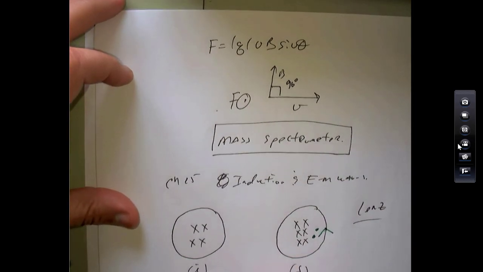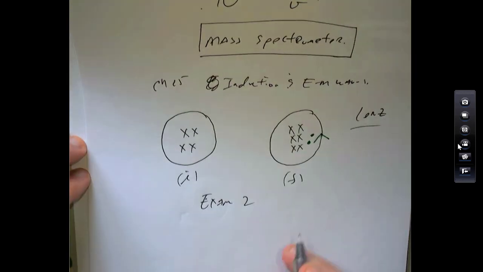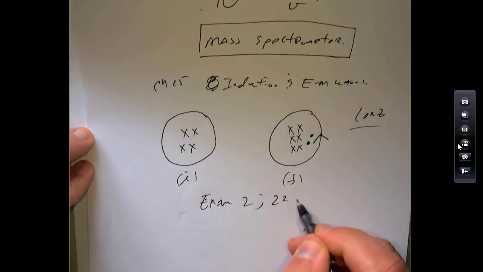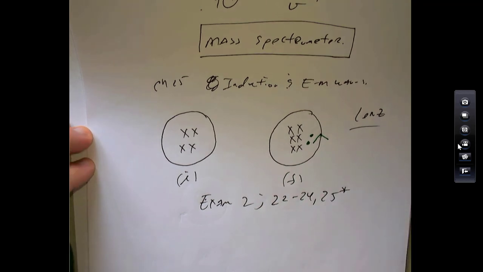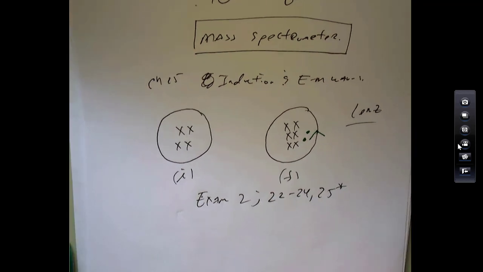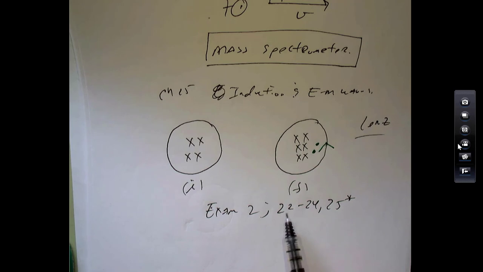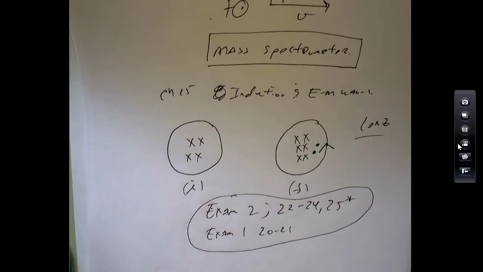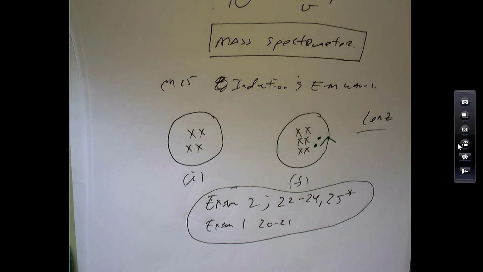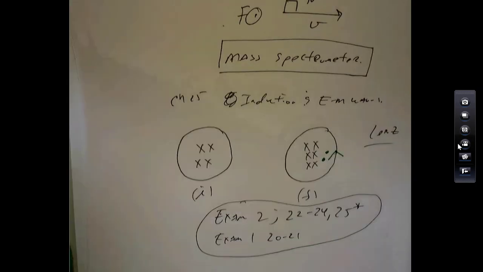Exam 2 was 22 through 24, and just a little bit of 25, which is the Lenz's law part. So exam 1 was just 20 and 21. Okay? Very good. And then moving into the third exam, we did Faraday's law.